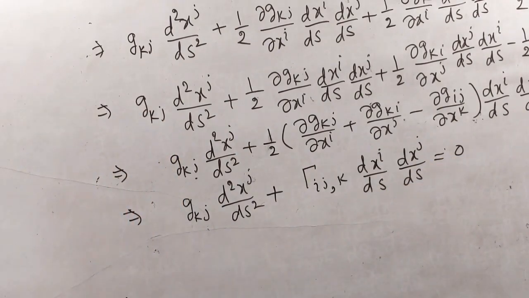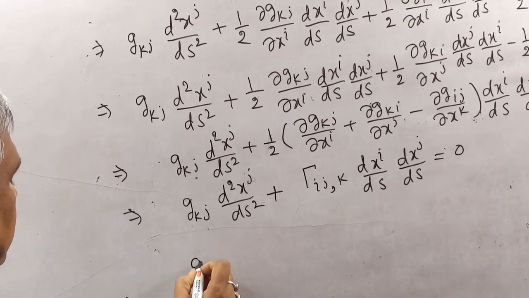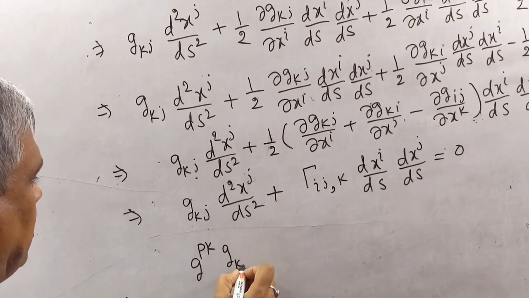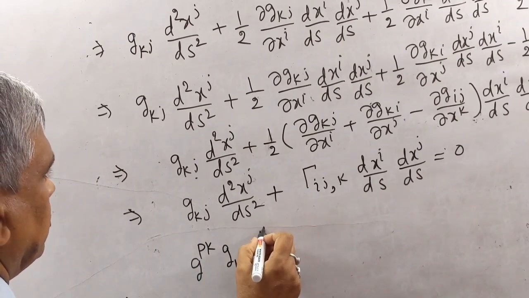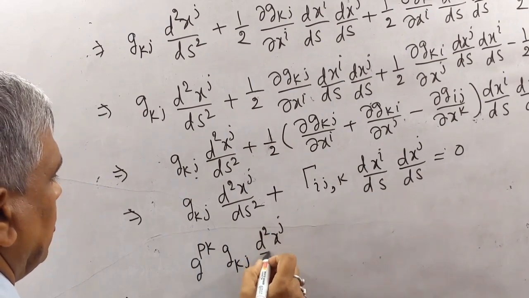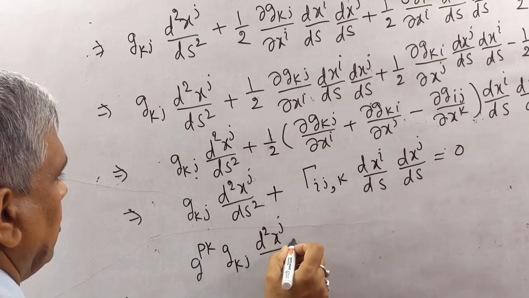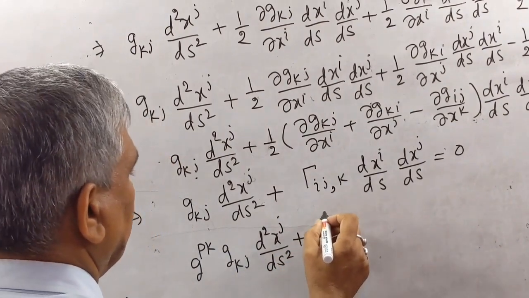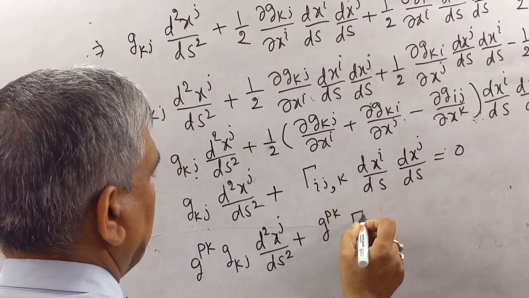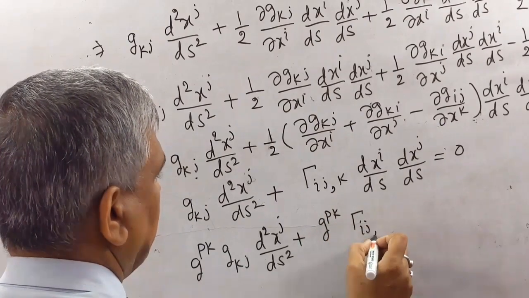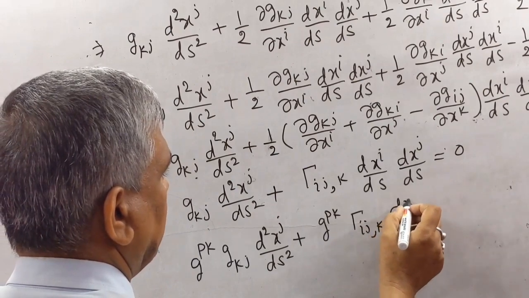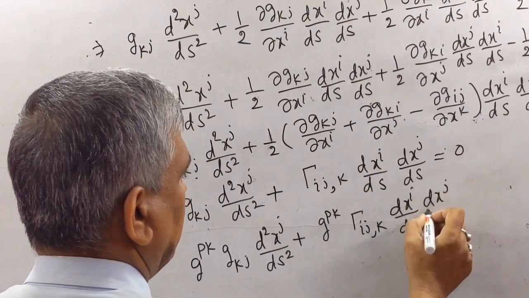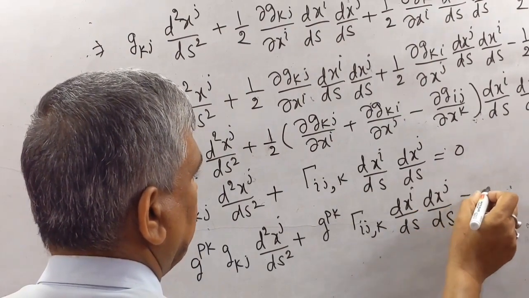Multiplying both sides by g pk: gkj d2xj by ds square plus g pk, this is [ij,k], dxi ds dxj ds equal to 0.